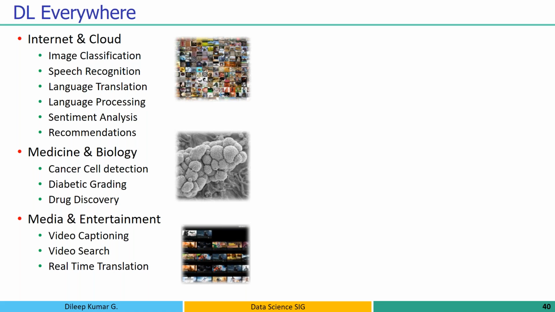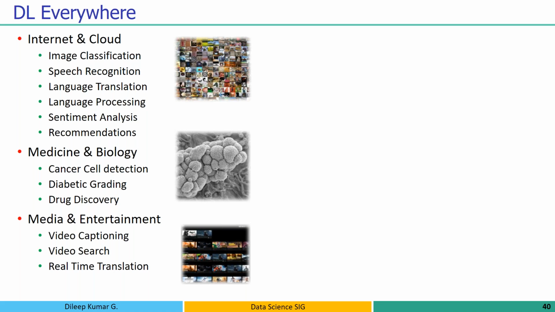In medicine and biology, as I said before, today we are able to detect cancer types of diseases, cancer cell detection, also diabetic grading, and identifying drugs, that is, drug discovery.